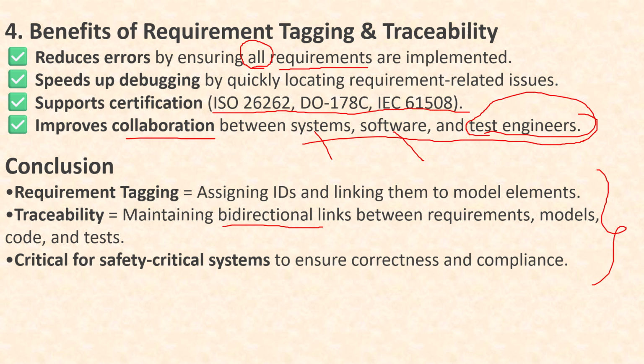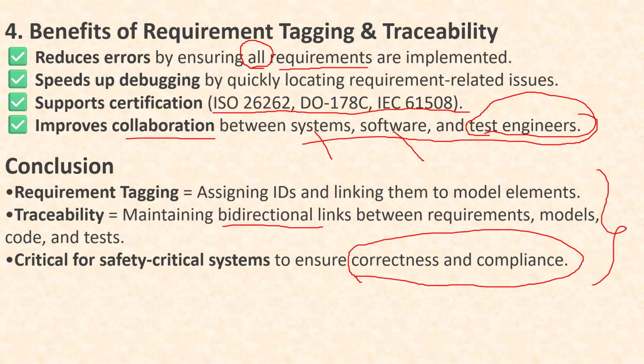It is of utmost importance. Next, it is critical for safety-critical systems to ensure correctness and compliance. Now, I already mentioned the various types of models and various types of standards that need to be complied with so that it meets the compliance requirements.